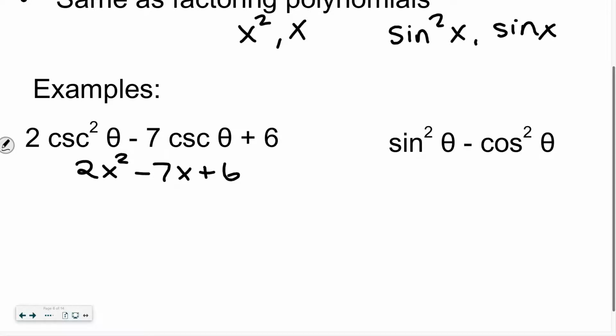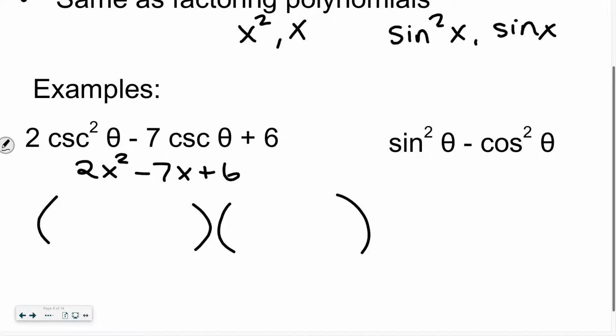And so if you're factoring a trinomial, those are the problems where you have 2 groups of parentheses. I would stop at my first term. What would multiply to make 2x squared? 2x and x. So what multiplies to make 2 cosecant squared?